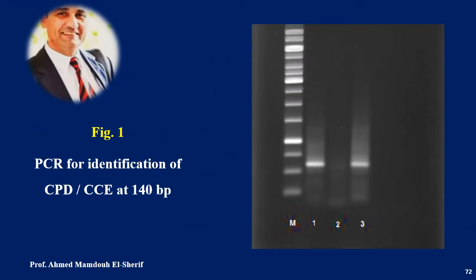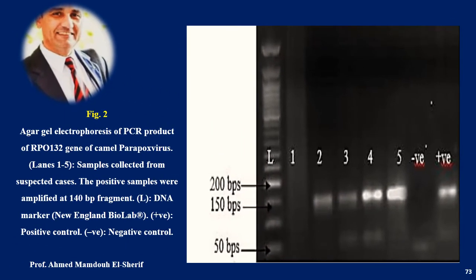This figure shows the polymerase chain reaction for identification of contagious pustular dermatitis, or camel contagious ecthyma, with positive results at 140 base pair. This figure shows agar gel electrophoresis of PCR product of the RPO132 gene of camel parapox virus.